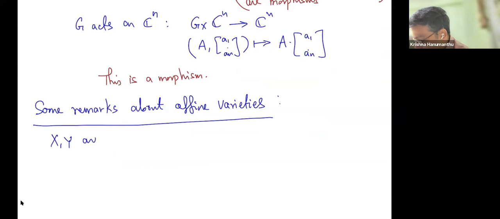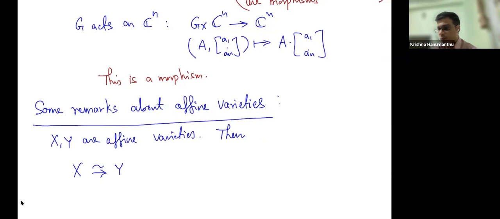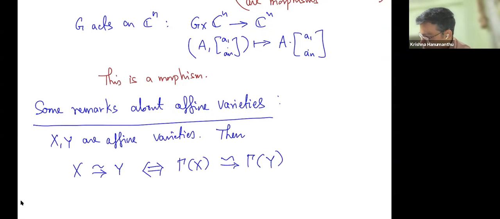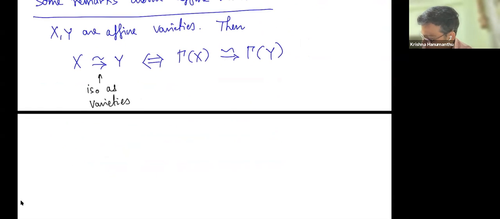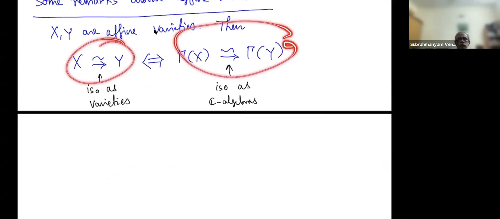Yeah, so if X and Y are affine varieties, so this is really a theorem: X and Y are isomorphic if and only if the coordinate ring of X is isomorphic to the coordinate ring of Y. So this is isomorphism as varieties, and this is isomorphism as C algebras or rings. Okay, so these are both rings over C. So the geometry is essentially encoded in algebra here.